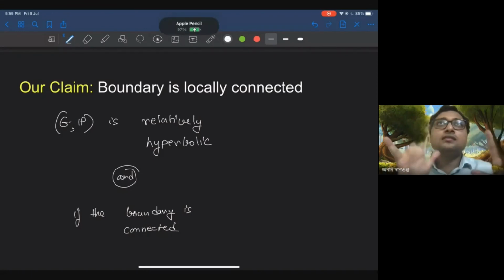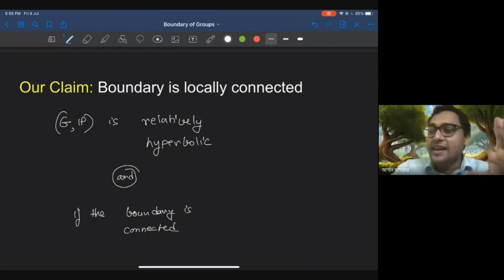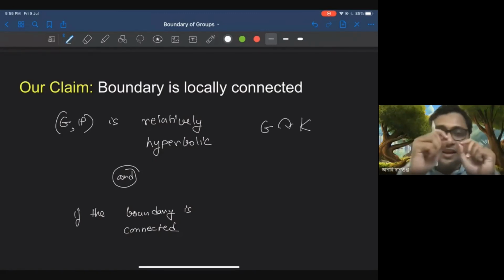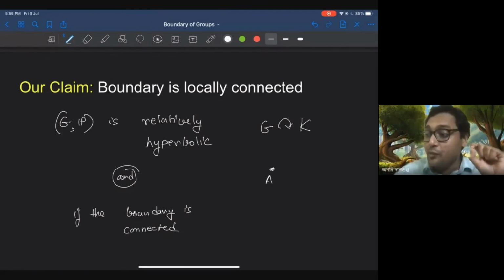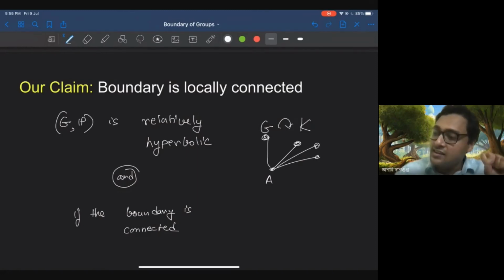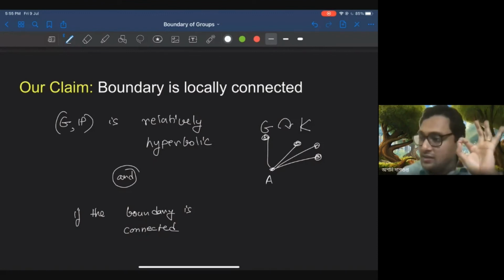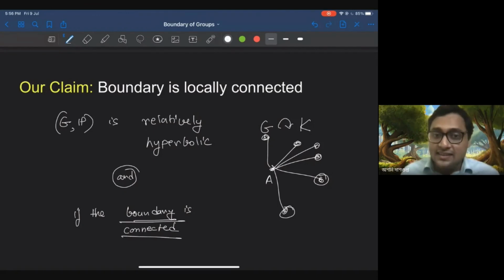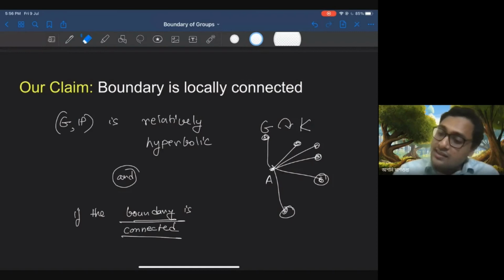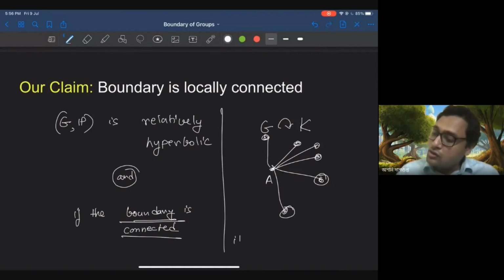If G is acting on a fine hyperbolic graph K, and if you take any point on K and take the collection of rays coming out of that point, those rays, you have to think of each ray as a point. That collection of rays is the boundary, and if that boundary is connected, we showed that it is also locally connected.